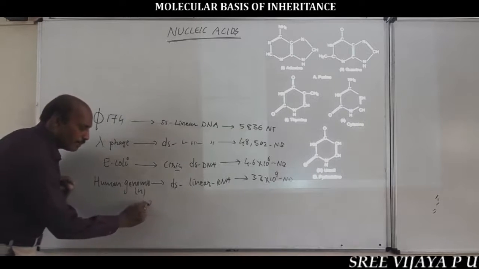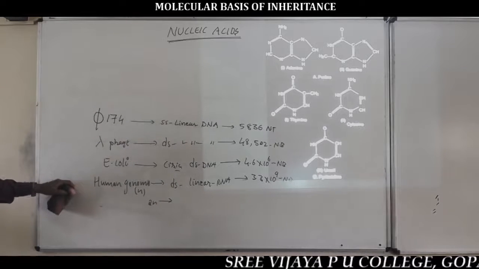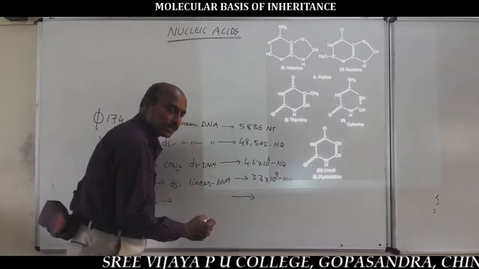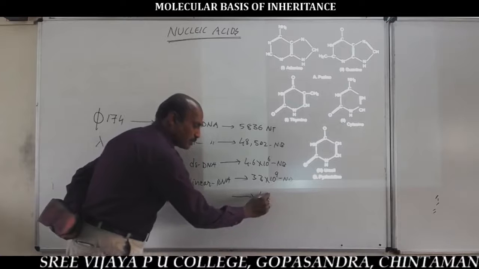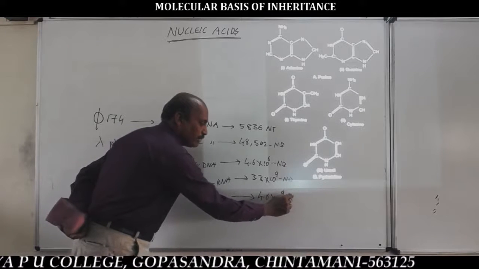Whereas in a diploid somatic cell, the number of nitrogen base pairs is 4.60 into 10 to the power of 9.